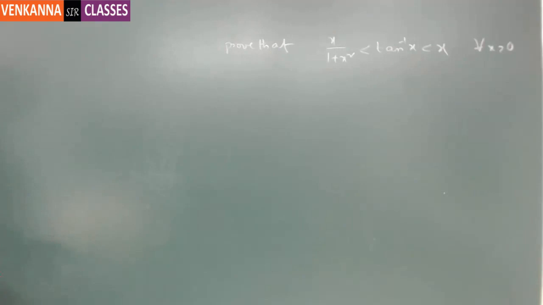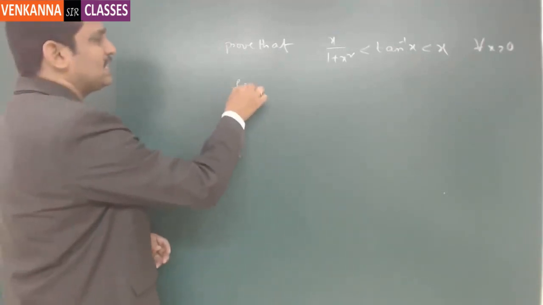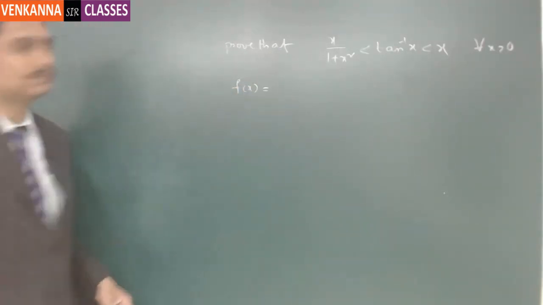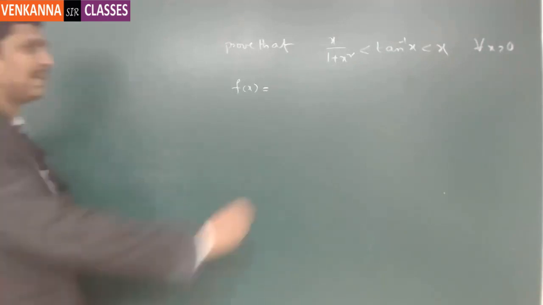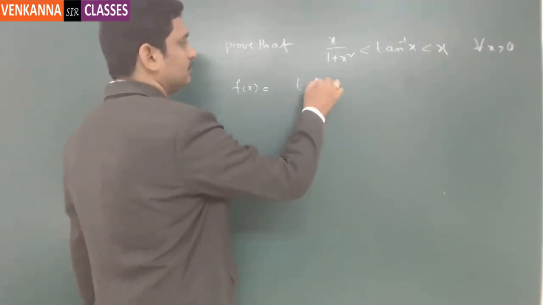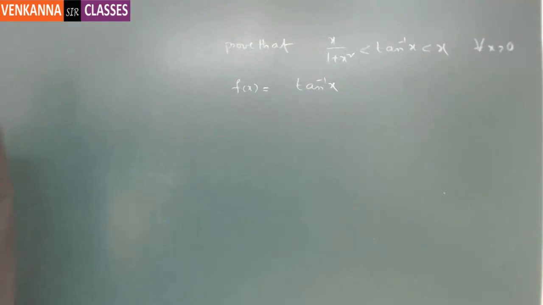Now from this you tell me what is to be taken as f of x here on observing the inequality. It is nothing but tan inverse x, because its derivative happens to be 1 by 1 plus x square.